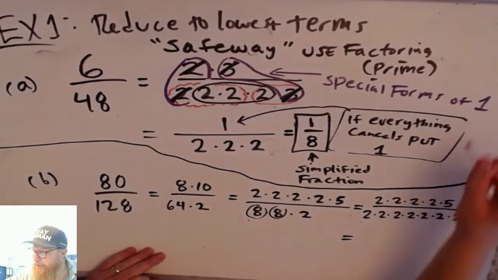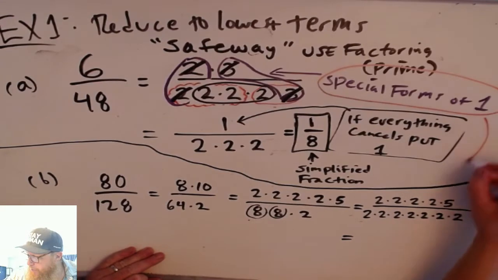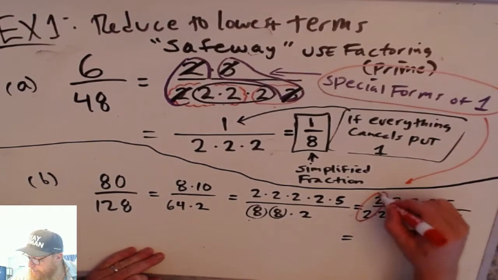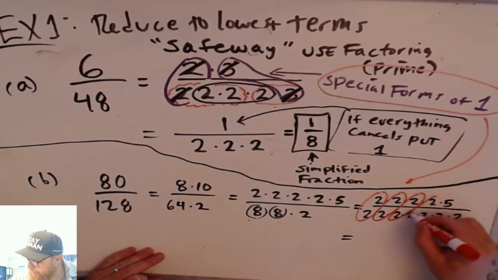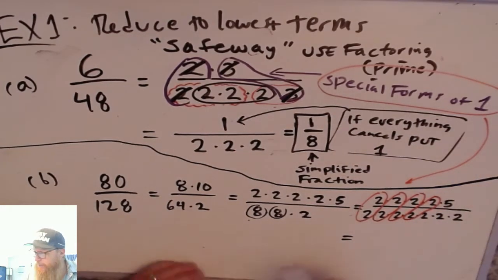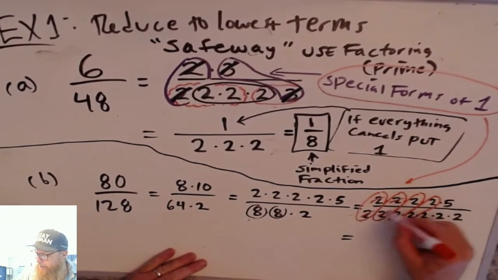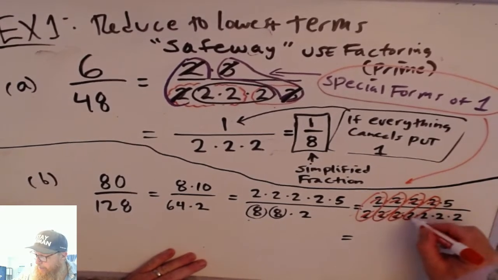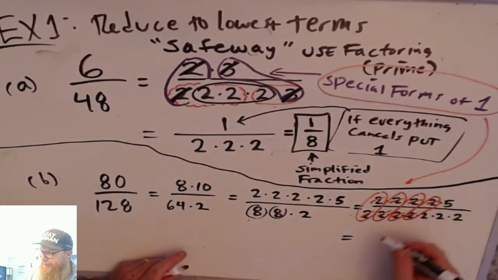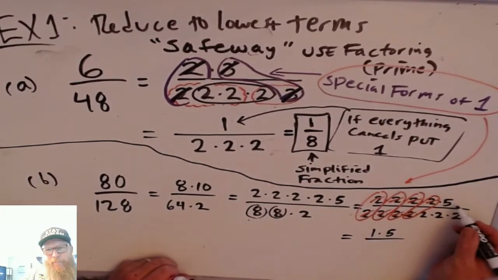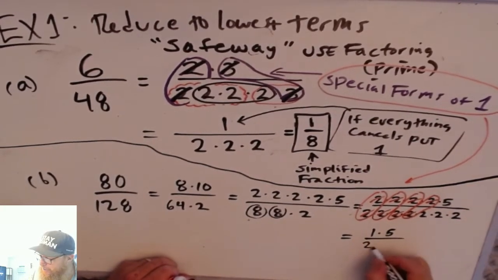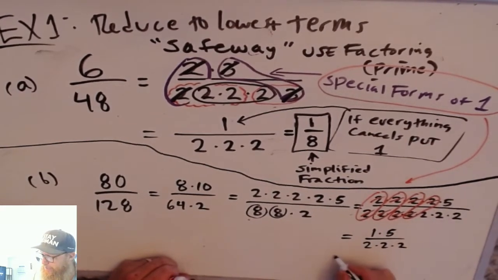And now cancel all the special forms of 1. All right, cancel 1, 1, 1, 1. So technically, this is 1 times 5 on top, and then 2 times 2 times 2.